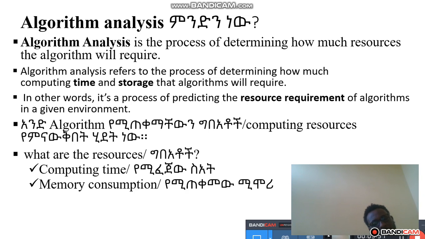another important topic is about the algorithm analysis ማለት ምን ማለት ነው algorithm analysis is a process of determining how much resource algorithm will require.